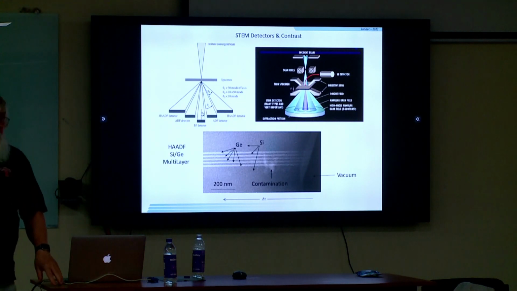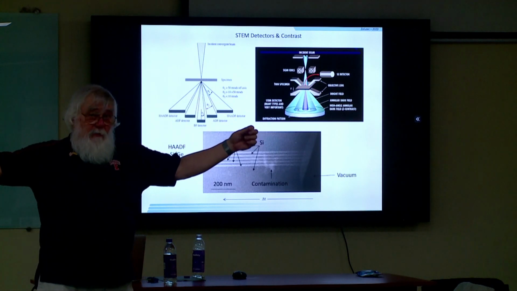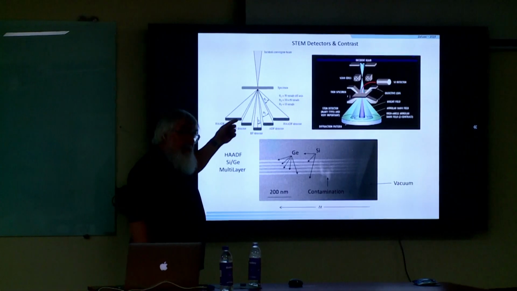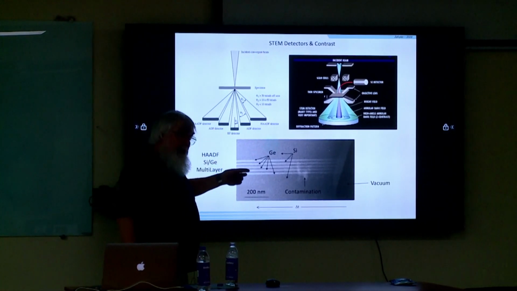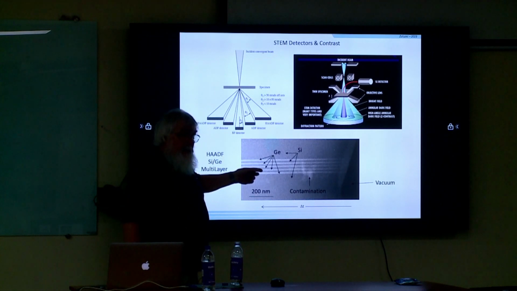We said there's the atomic scattering factor, and higher Z materials scatter things to higher angles, lower Z materials scatter things to lower angles. So the nice thing about STEM is that by looking at high angle scattering, we can see high atomic number materials. By looking at lower angle scattering, we see lower atomic number materials.